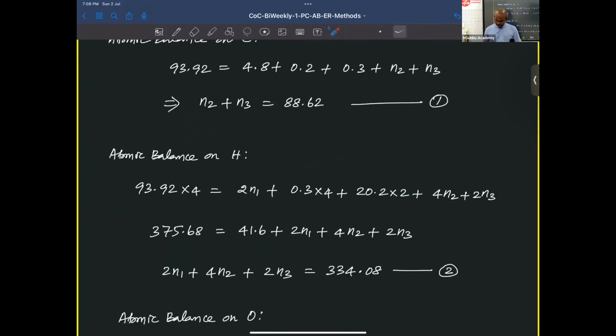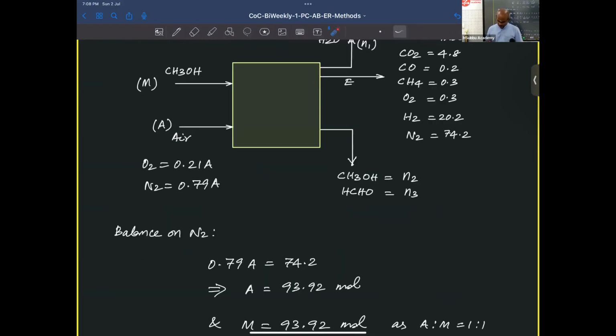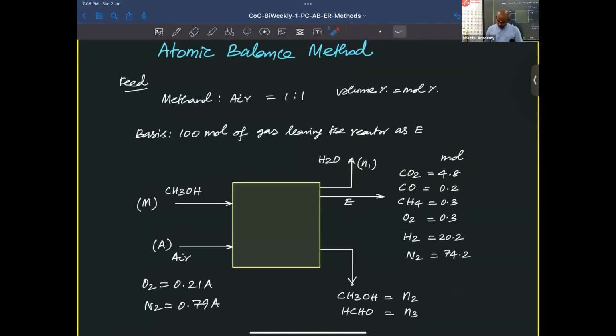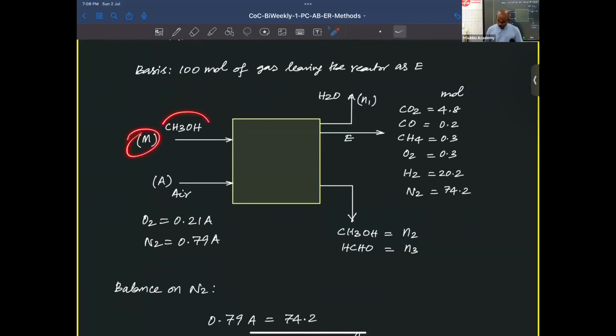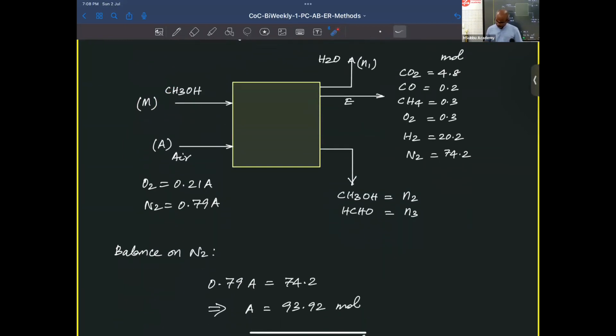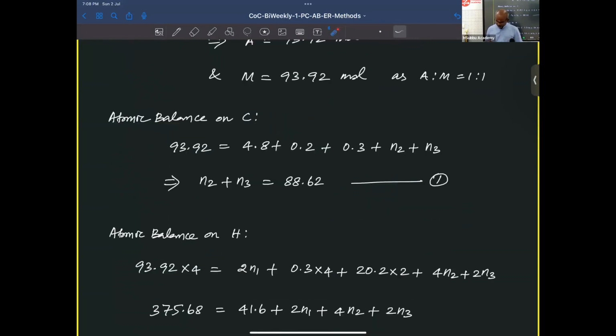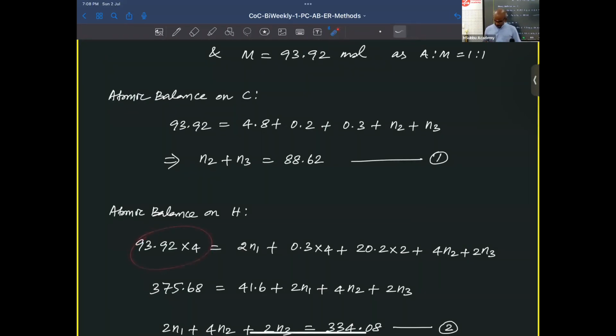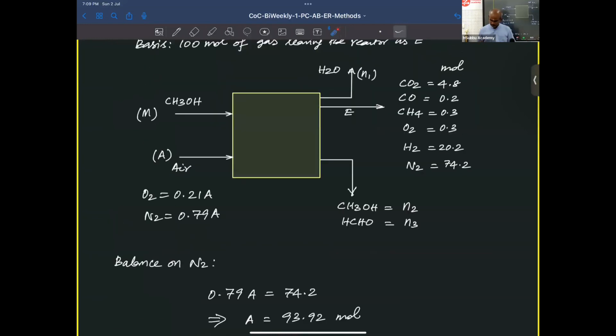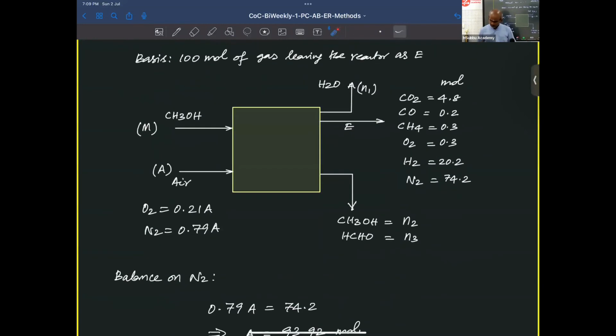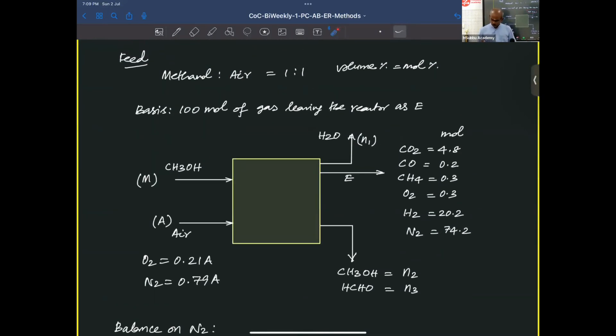Like that, balance on H. In the M, we have 4 H entering. The M is 93.92, so 93.92 into 4 H is entering. This is the H at the inlet, and H is leaving in N1 into 2, that is the H in water.